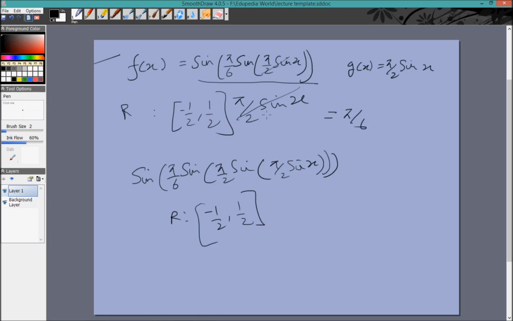Right. Fourth option, there is an x such that g of f is 1. G of f will be pi by 2 sine of pi by 6 sine of pi by 2 sine x. We are given this is equal to 1.